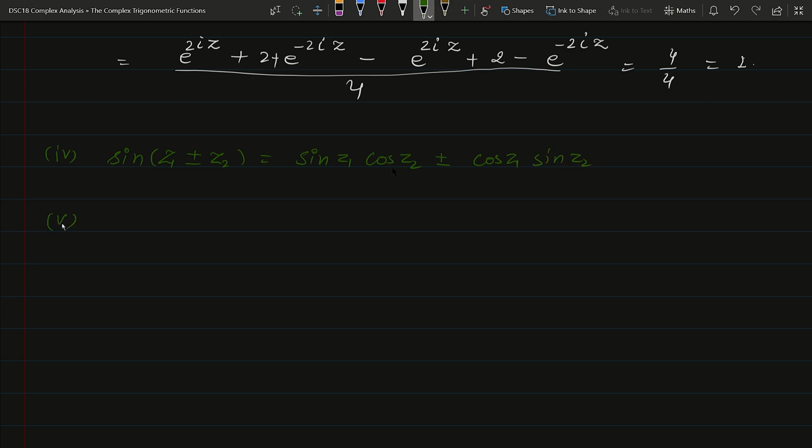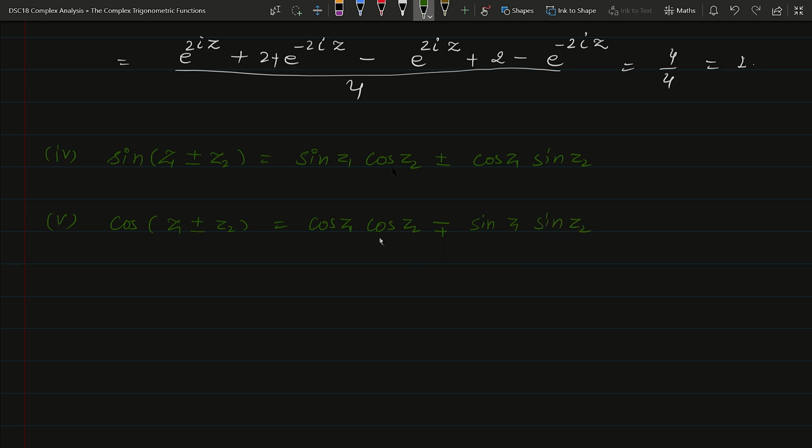Then the fifth identity says that cos of z1 plus minus z2, and as we have studied in the real case, is the same here: cos z1 cos z2. Now if we have the plus sign then here we will have minus, if it is minus then here plus, okay, and it will be equals to sin z1 sin z2.